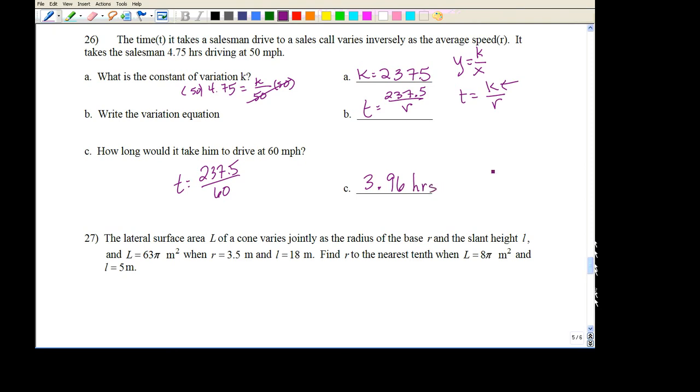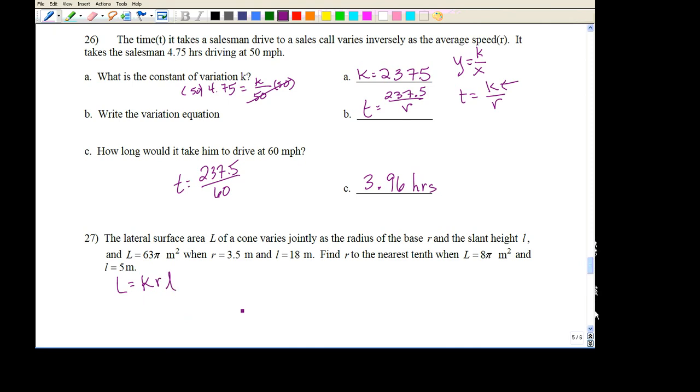On number 27, the lateral surface L of a cone, so there's our first variables, we'll have L equals, the k always goes after the equal sign, jointly as the radius of the base r and the slant height l. So we'll put times r times little l, okay?